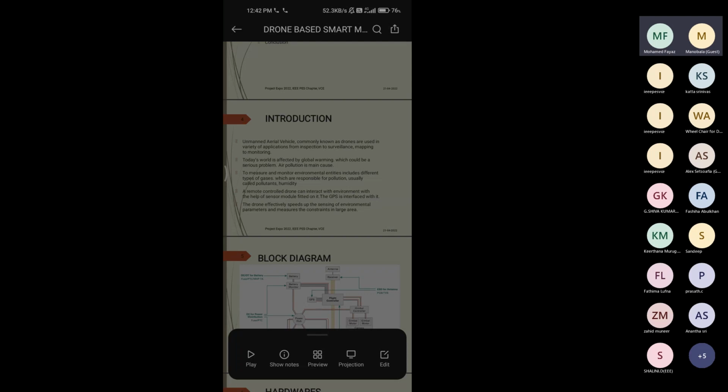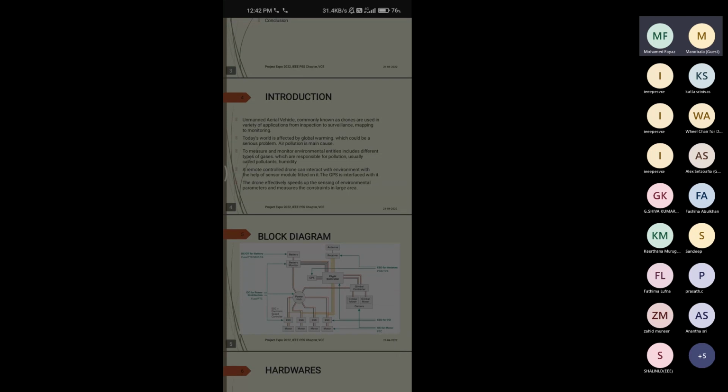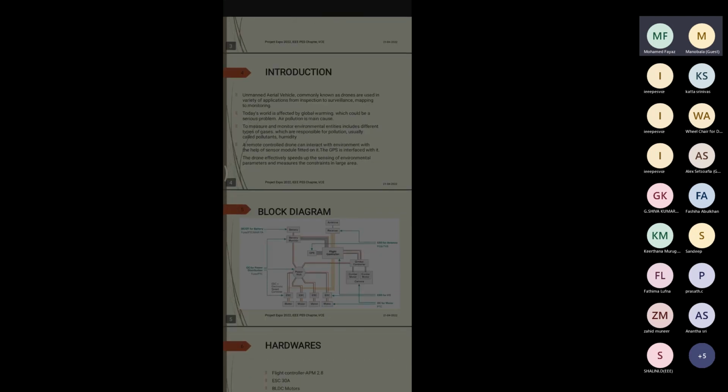Today's world is affected by global warming, which could be a serious problem. Air pollution is the main cause. To measure and monitor environmental entities, including different types of gases which are responsible for pollution, usually called pollutants, and humidity, a remote controlled drone can interact with the environment with the help of a sensor module fitted on it.